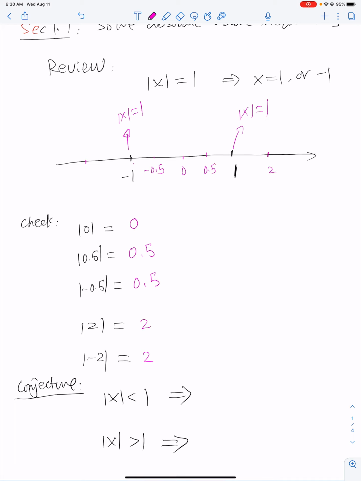So think about this. Look at the number line here. Which part will have absolute value x less than 1? All of you, look at the number line and all these checks.